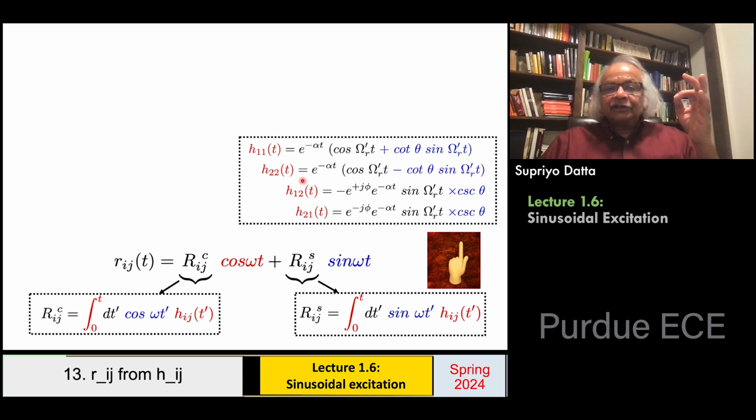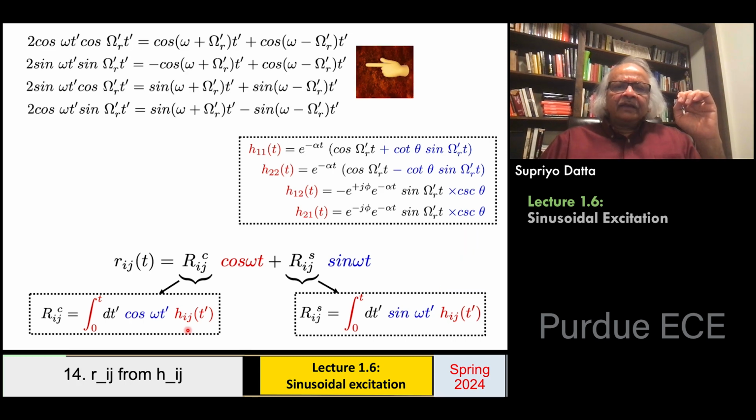What we need to do is substitute these back into these integrals and then do the integral. That's what we'll be doing for the next few slides, which will be a little bit tedious algebraically. Please bear with me.